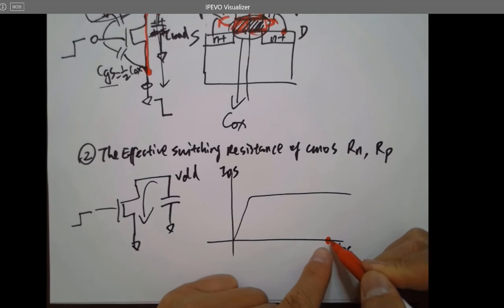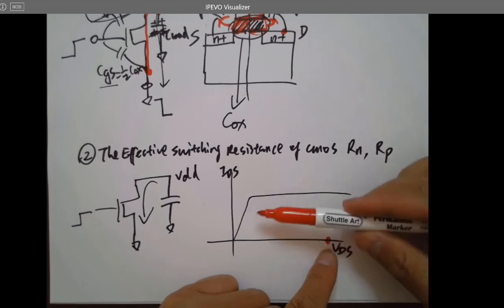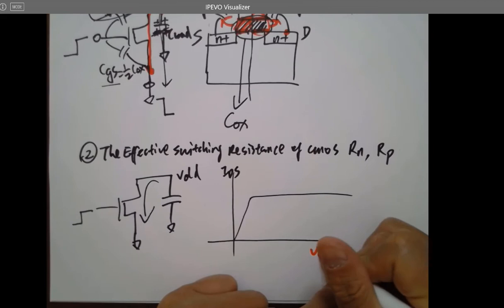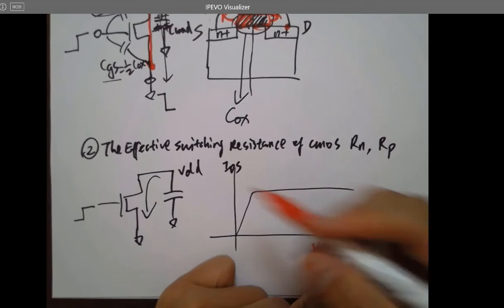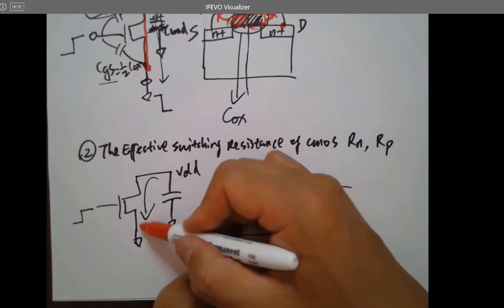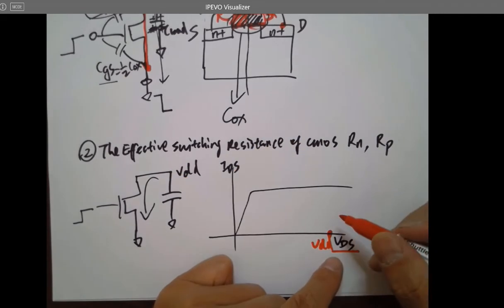So the biasing point is right on the x-axis because there's no current. But it's biased at VDD, right? So start from here. And then whenever this is turned on, you get current. The current will be dumped through the channel to the ground. So the current will increase.